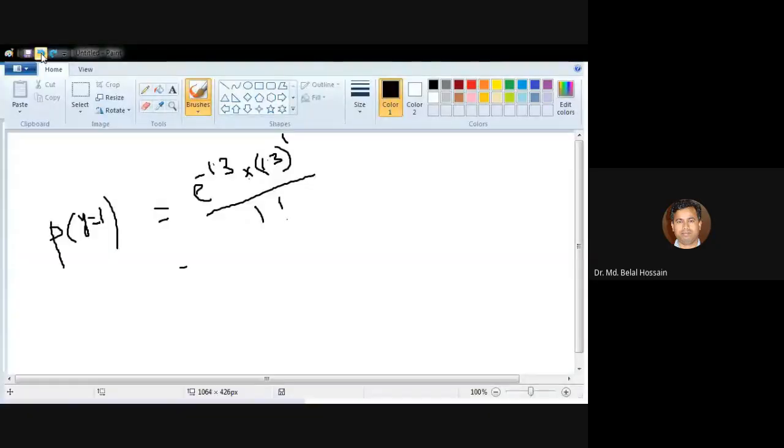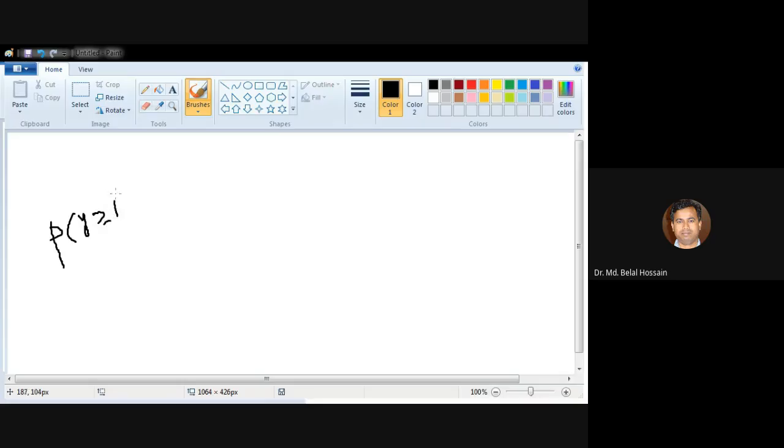What I'm saying is, when you write y greater than or equal to 1, it will tell you that there is one or more particle next to it.